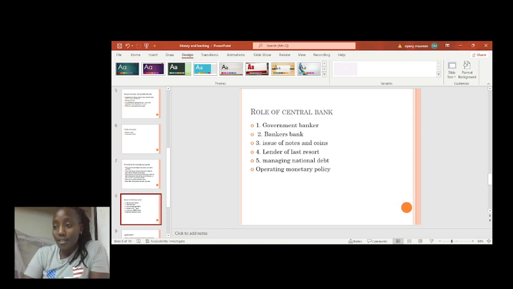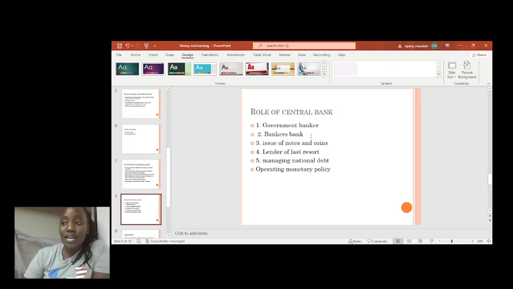Thank you. So we start with the first one, which is government banker. When a government needs to hold its funds in an account into which it can make deposits and against which it can draw checks, such accounts are usually held by the central bank. And then when we talk about bankers' bank, the commercial banks need a place to deposit their funds.